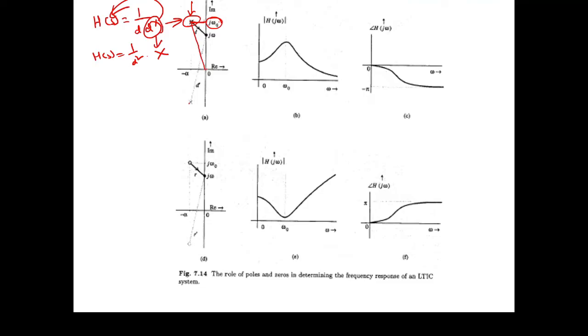Now if you see, when you put it over here, it has a certain distance and gives a certain value, and this value will increase up to j omega naught, where we have the smallest distance.